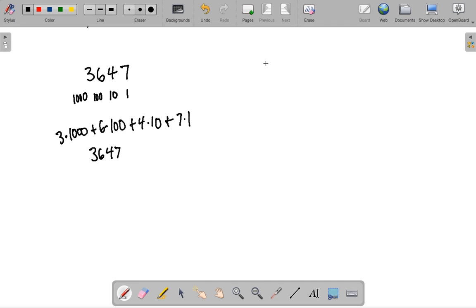So here's an example. This is base 10, and this is base 2, or binary. When we write in base 2, the place values are based on powers of 2 instead of powers of 10.